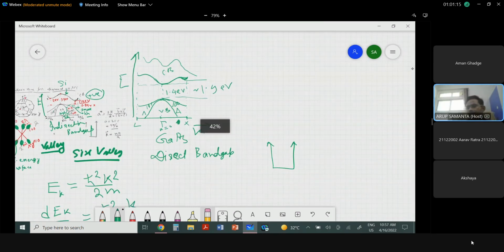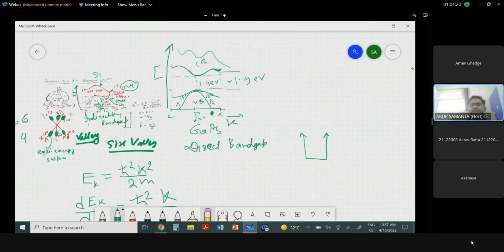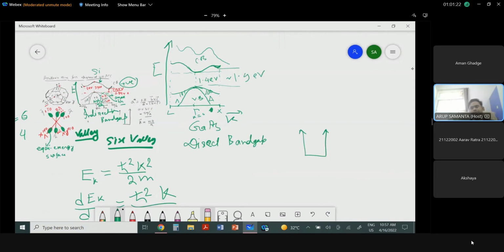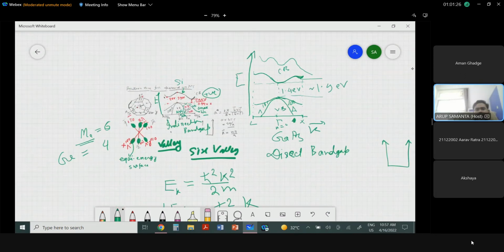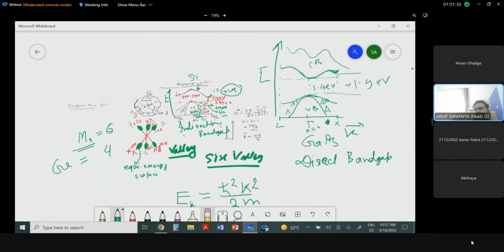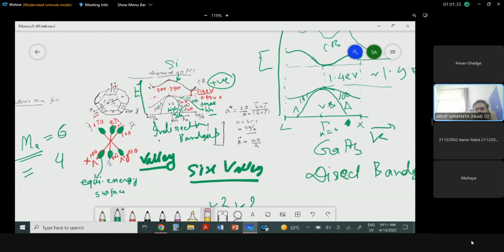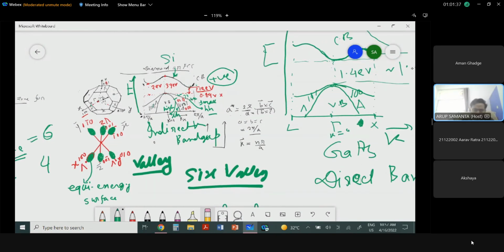Those are other points you can find in detail later, in higher-level study. You can calculate this diagram by the tight binding approximation model or density functional theory. For a small structure, you can use density functional theory. I am just giving you the terms, I don't want to go into detail.